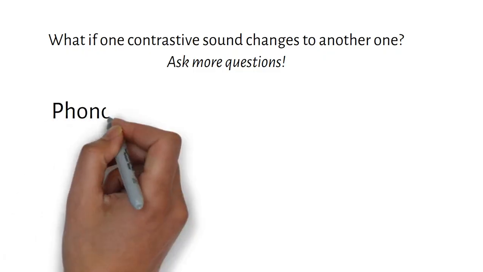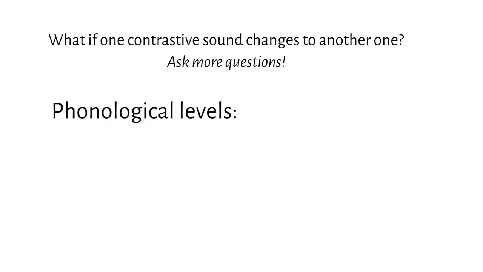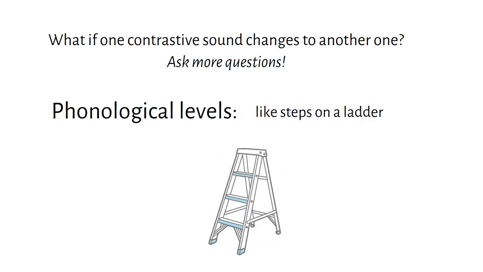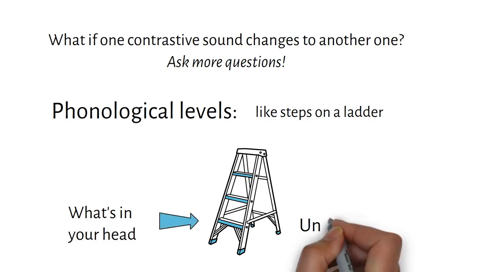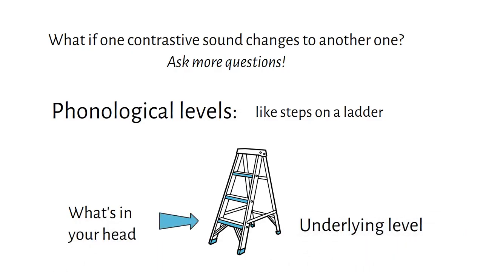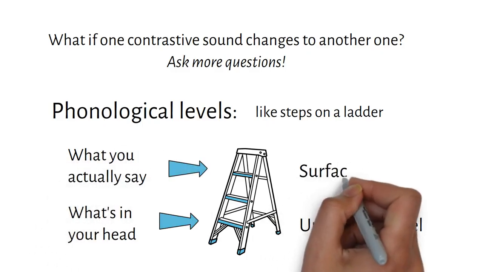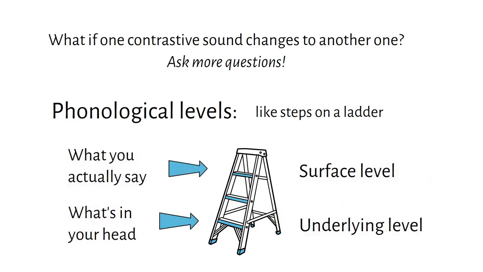And here, the idea of phonological levels is helpful. Think of steps on a ladder. What is in people's heads, even if they are not aware of it, is called the underlying level. What you actually say is called the surface level. Sometimes these are the same, and sometimes they are different.